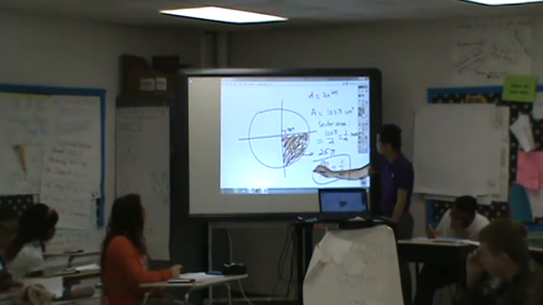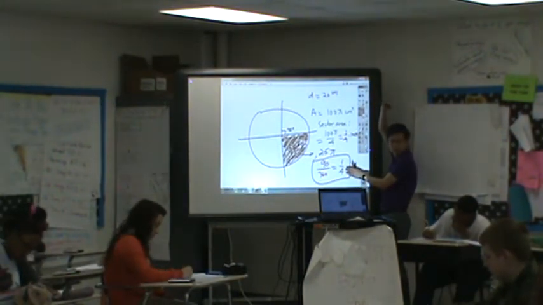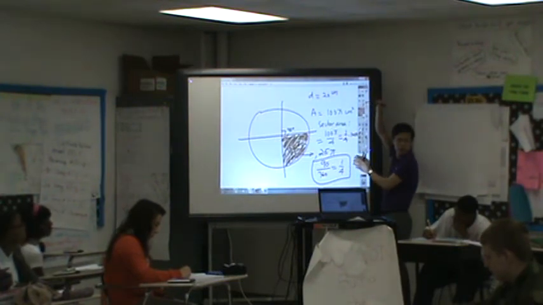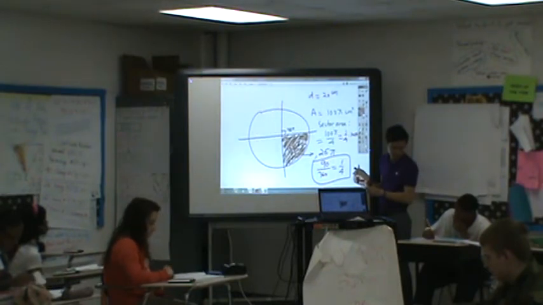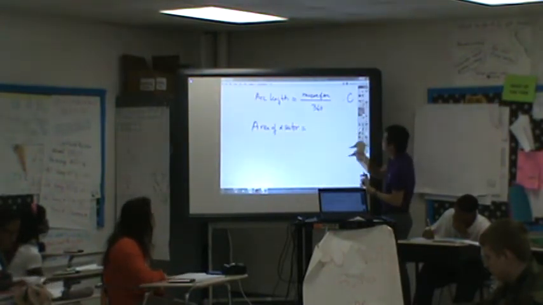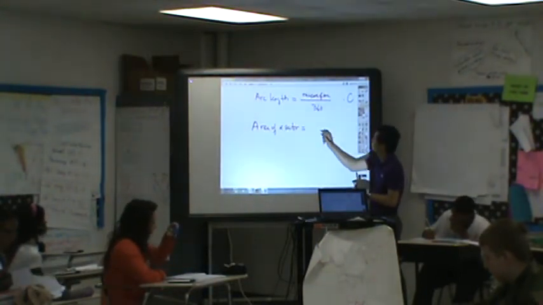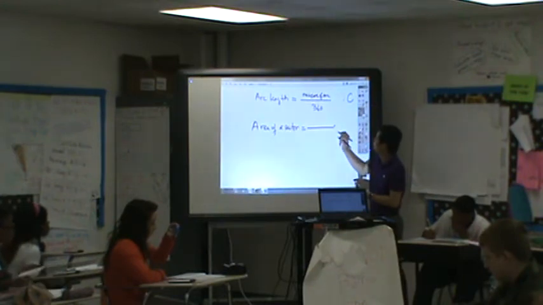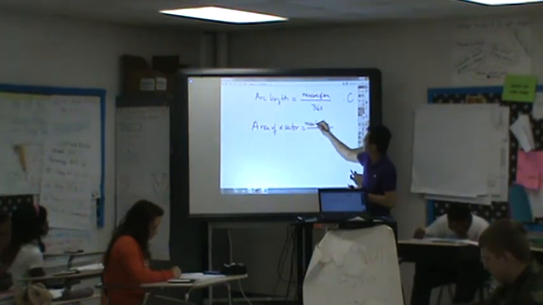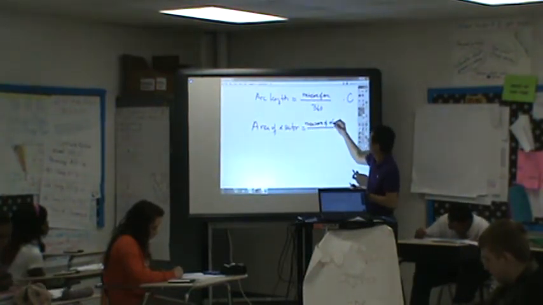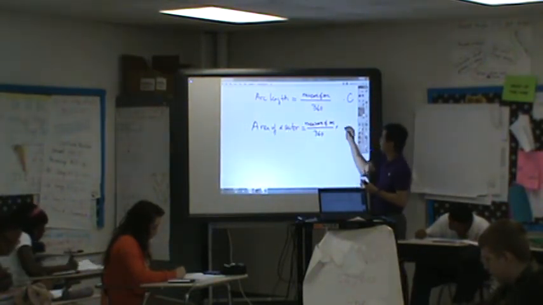This is the ratio, right? What's the ratio? 1/4. So how do you find 1/4 again? You take what divided by what? 90 divided by 360. So it's the measure of the arc divided by the whole circle and multiplied by what? Area.